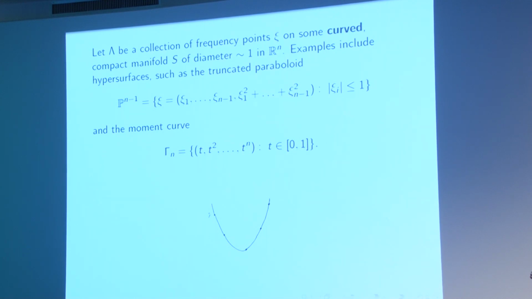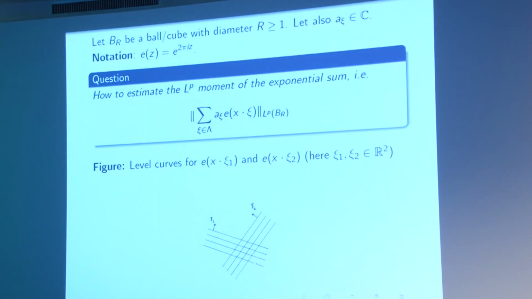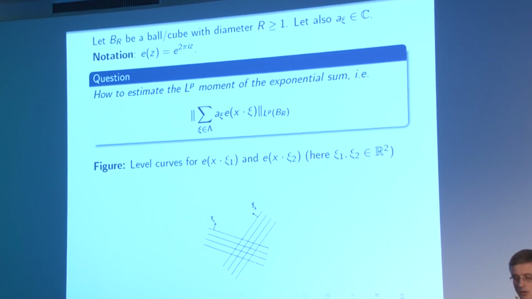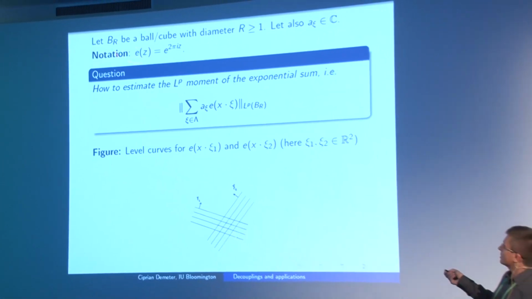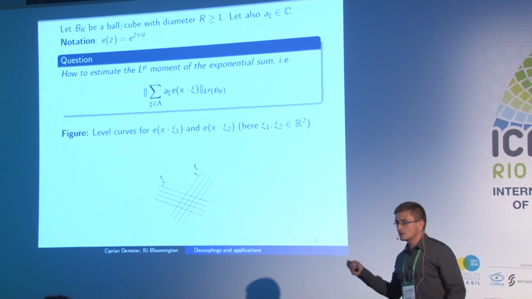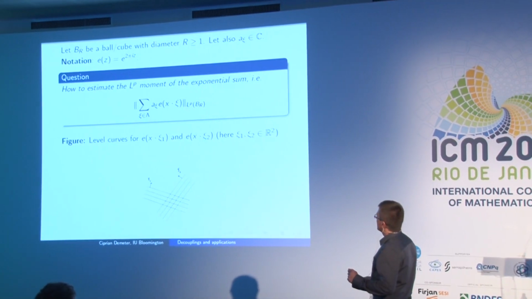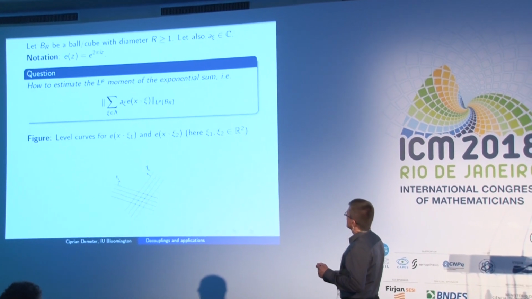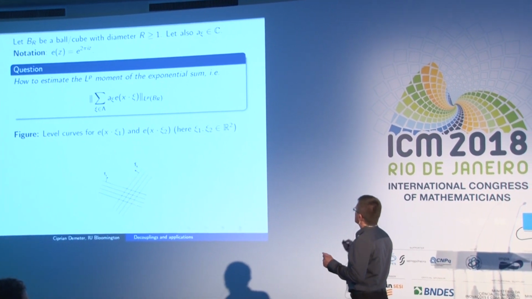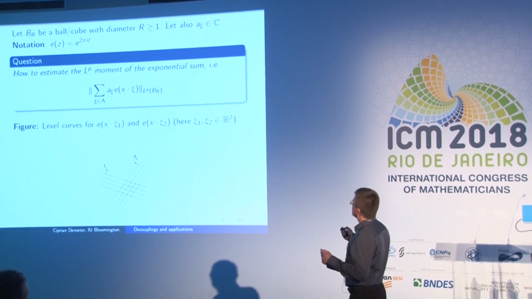All right, so I consider a finite collection of points. And the question that I'm going to be investigating is the following. First of all, I want to set up some notation. e(z) is going to stand for e to the power 2πiz, where z is a real number. Let's say that I take a bunch of complex coefficients.